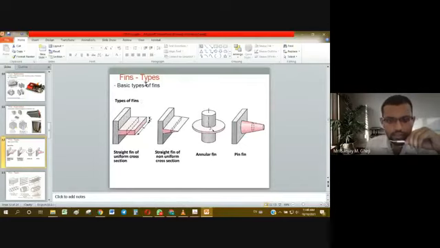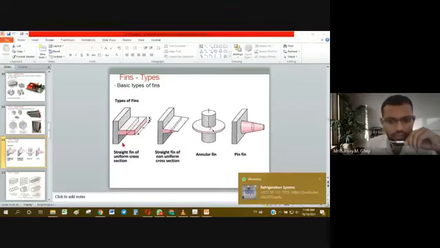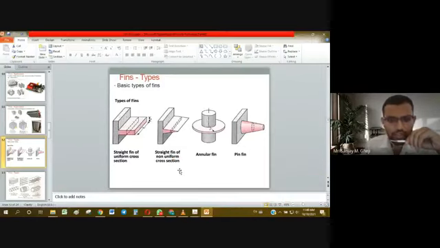So under that, we have covered the types of fins: straight fins with constant uniform cross section area, then non-uniform cross section such as trapezoidal or triangular fins, annular fins having the circular geometry, and pin fins. Pin fins are in the shape of a long rod or long bar having very long length as compared to the cross section or diameter.